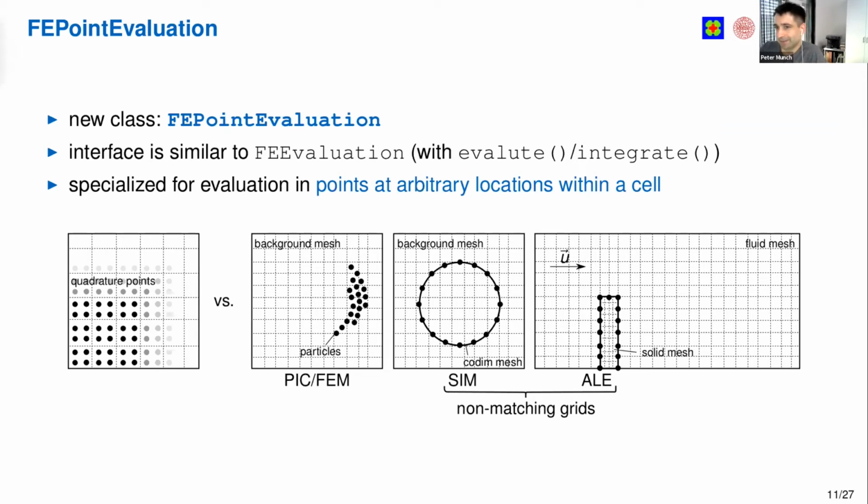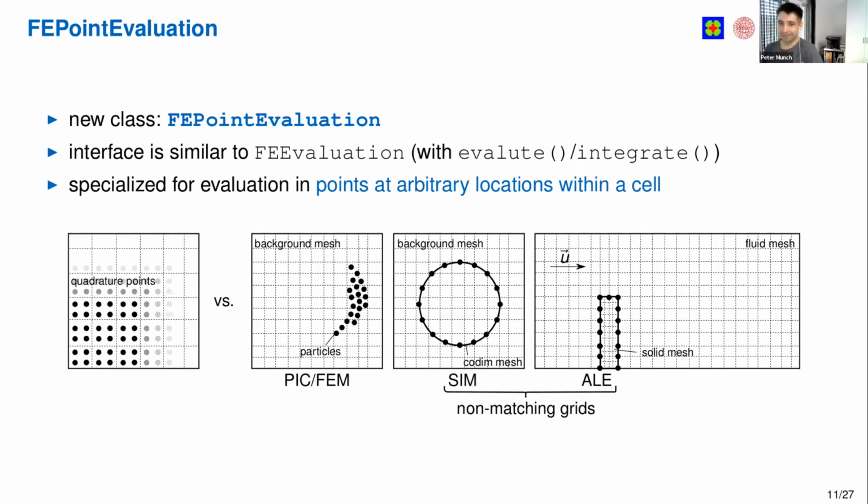So we also have the functions evaluate and integrate. However, the difference is that it doesn't work on a fixed set of quadrature points as in the usual case, like indicated here left in the corner, where you always have the same set of quadrature points in every cell. Instead, you can have an arbitrary number of quadrature points at arbitrary locations in each of your cells.